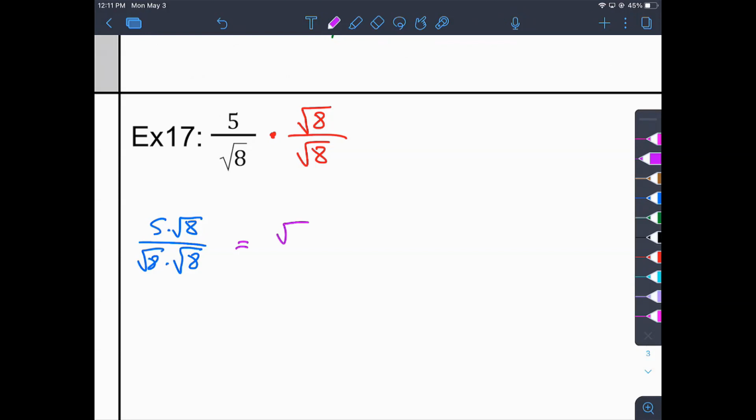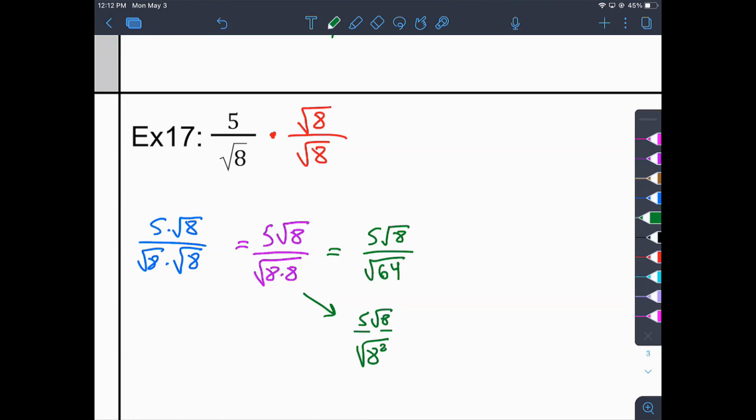5 times root 8 is just 5 root 8. And root 8 times root 8 is the same as root 8 times 8, which we know is the same as 64. Or you could write 8 squared, either one. I will put a down arrow. We could also write it as root 8 squared. You'll find you'll get the same answer here. We'd be like, okay, what's the square root of 64?